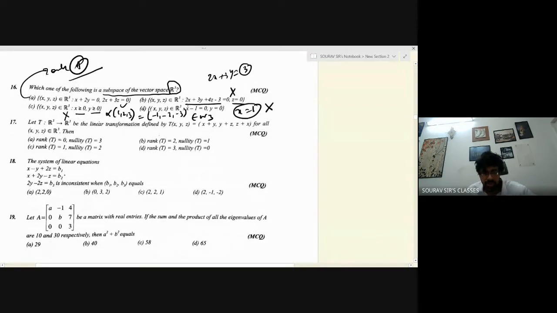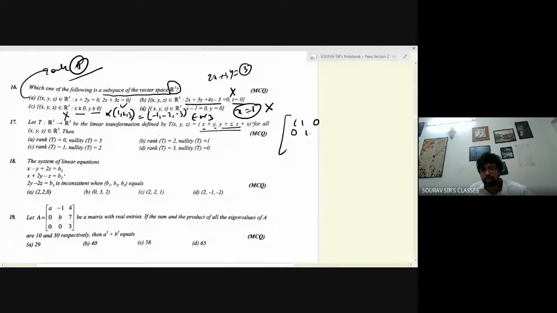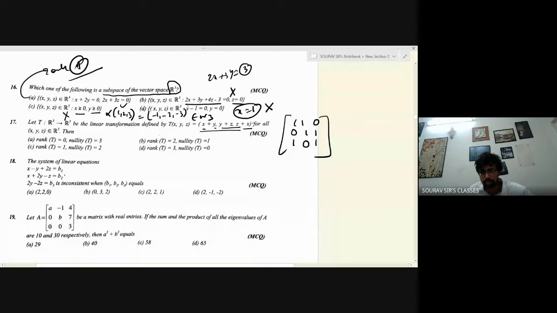Next, again, an easy one, linear transformation defined by this for all x, y, z. Then what is the value? Okay. So what you have to do, x and y. So this is a standard basis also.